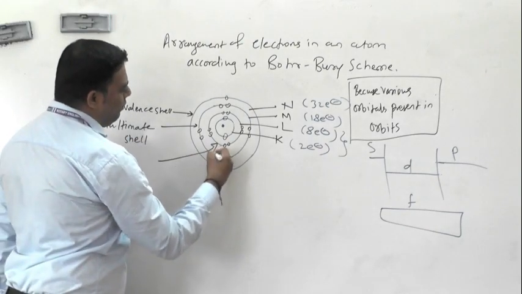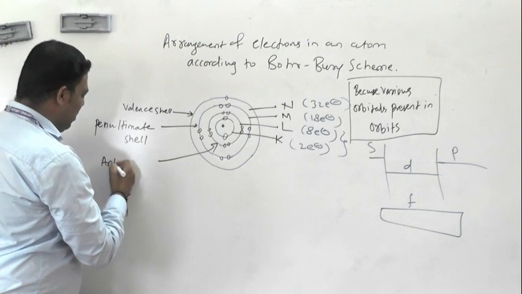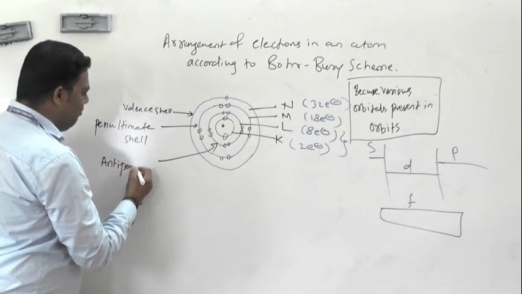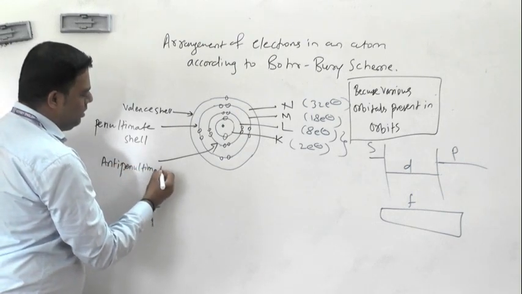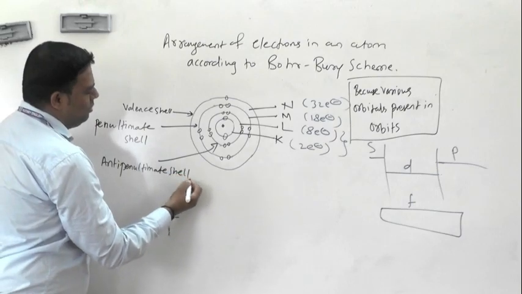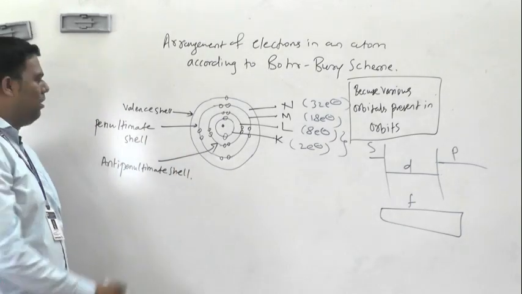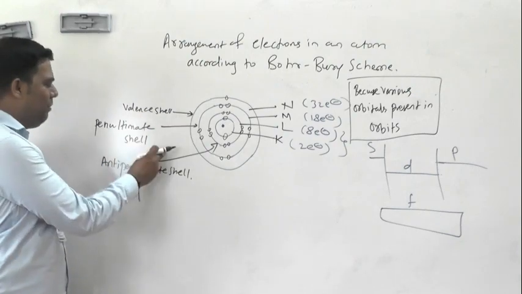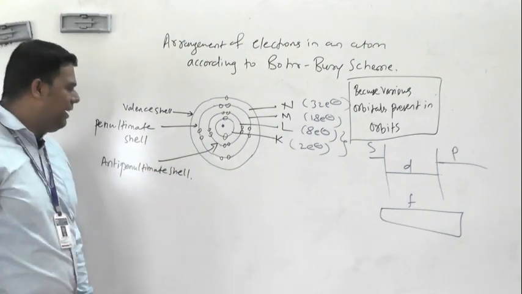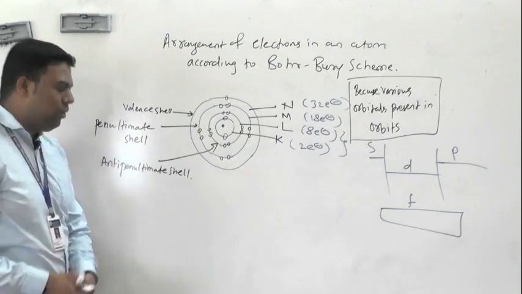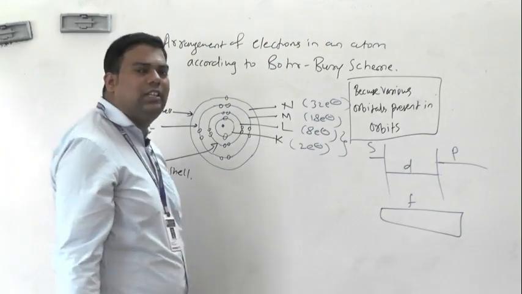The third from the last is called the anti-penultimate shell. Understood? These are also important words: valence shell, penultimate shell, and anti-penultimate shell. Keep all these in mind.